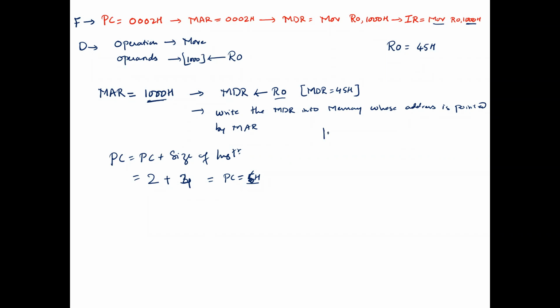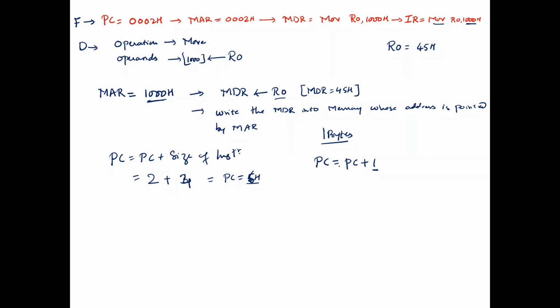Most of the instructions are 1 byte in size. Therefore, the author will write how the address of the next instruction will be generated: PC plus 1. Why are we writing 1? Because the size of all the instructions supported by the processor is 1 byte.